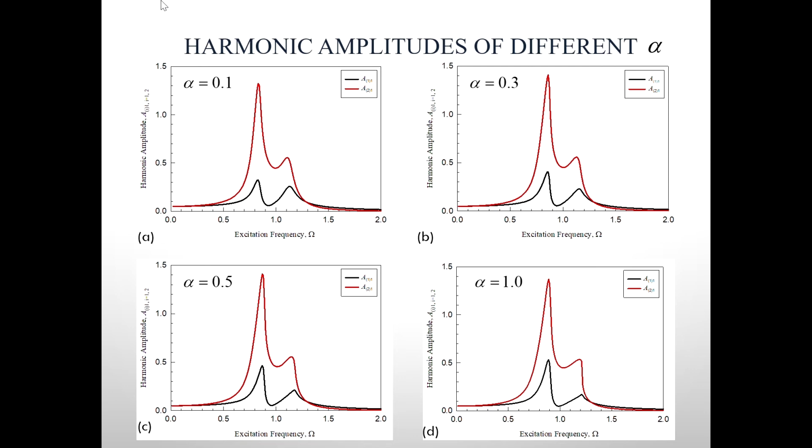The first peak amplitude of M1 at the lower frequency increases as the nonlinear strength alpha increases. However, the second peak amplitude of M1 decreases as alpha increases, with the amplitude of M2 remaining almost the same. The first peak frequency of M1 shifts to the higher frequency, and the second peak frequency of M1 shifts to the lower frequency as alpha increases.